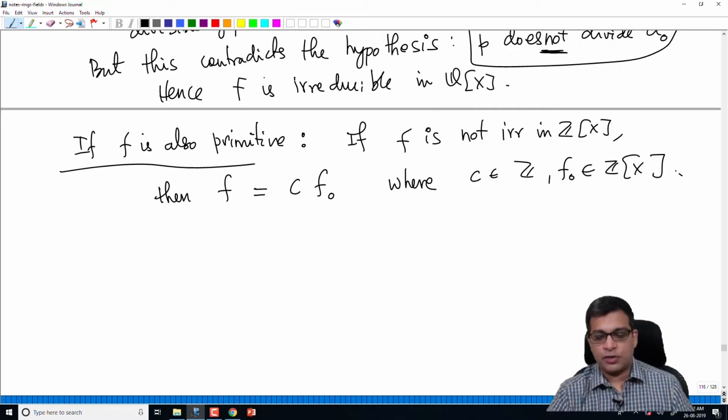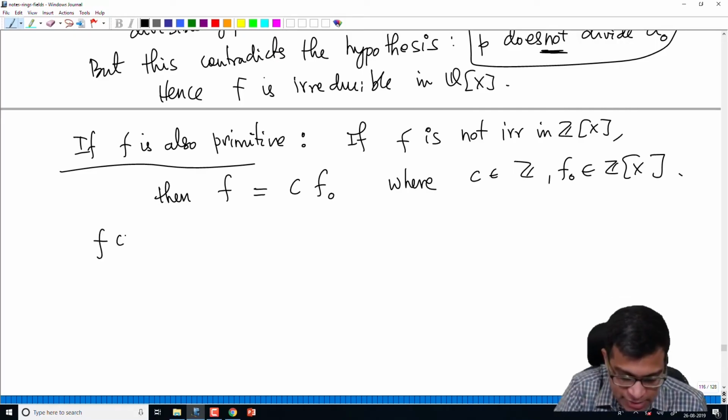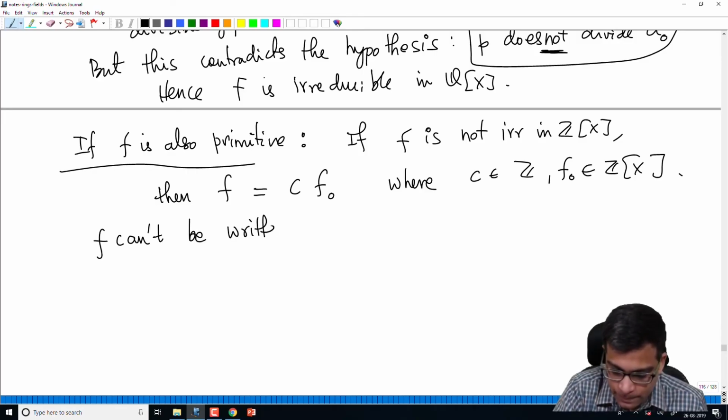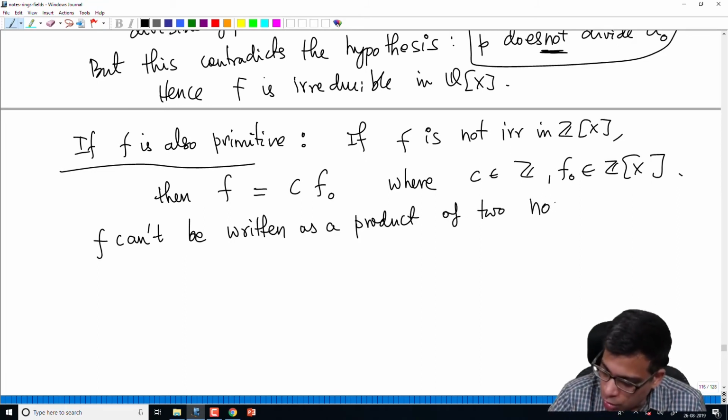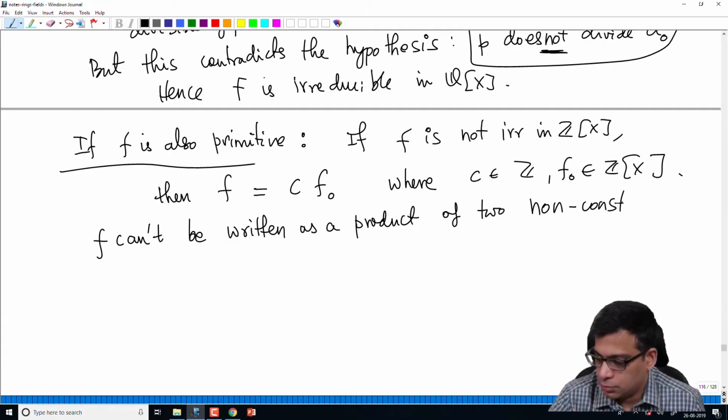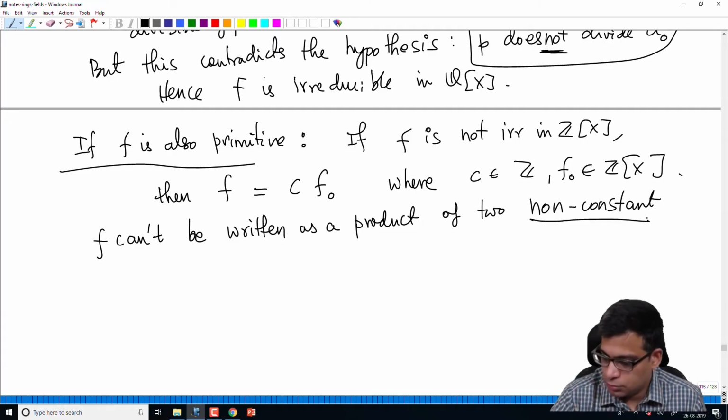In other words, what I am saying is that f can't be written as a product of two non-constant integer polynomials.